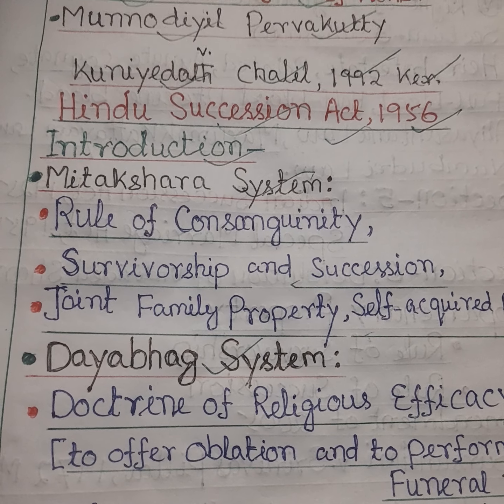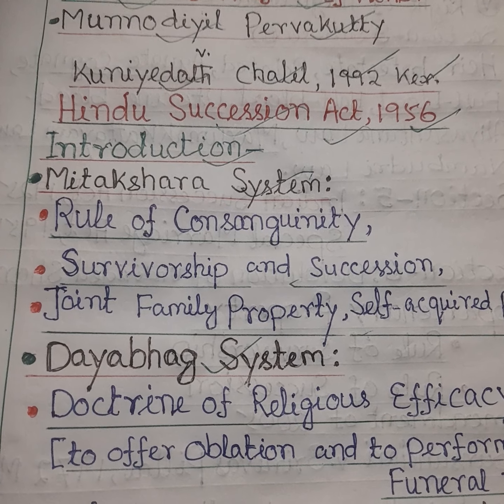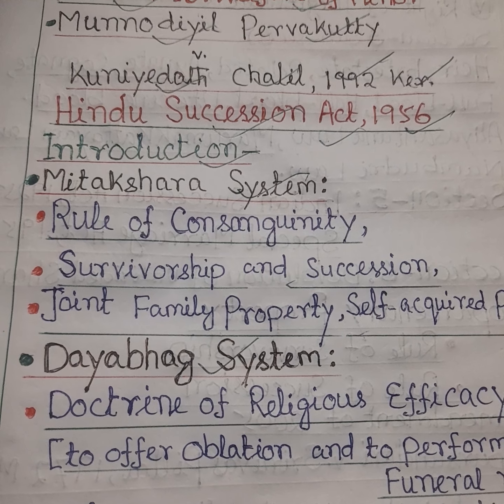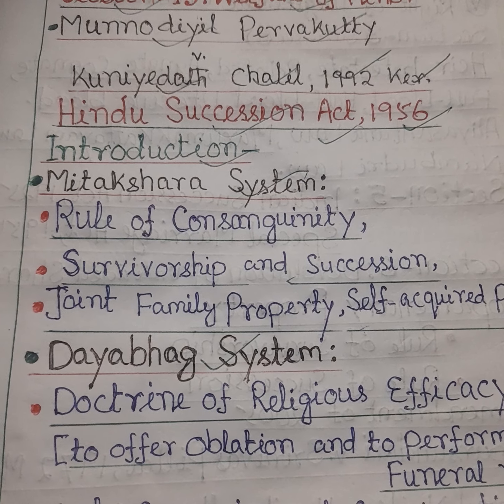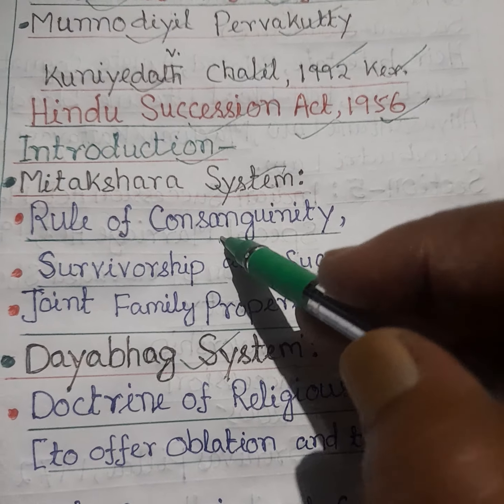The schools are based upon the text of Manu, while in the Mitakshara system the guiding principle is the rule of consanguinity.